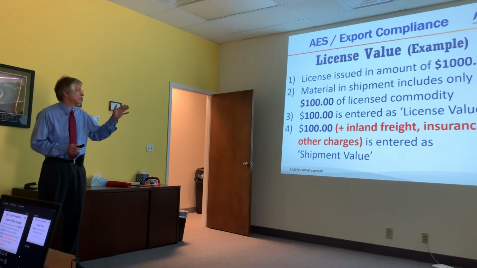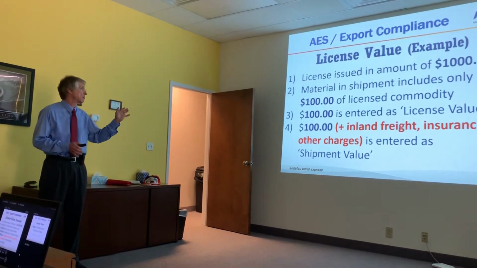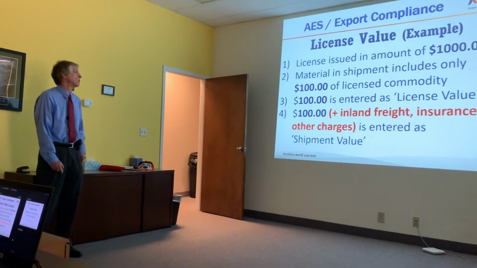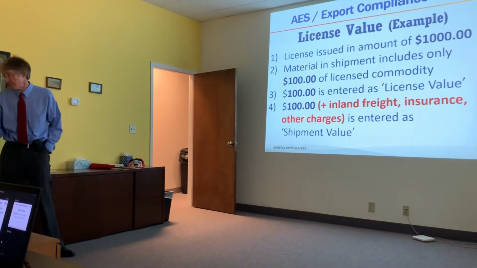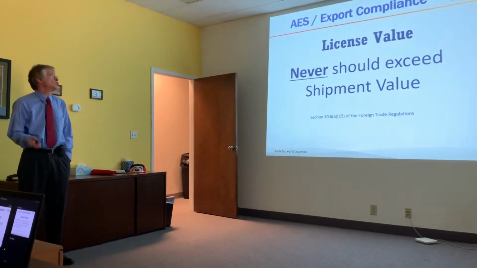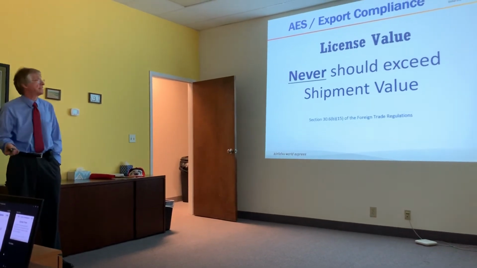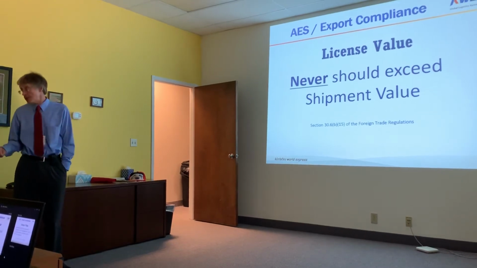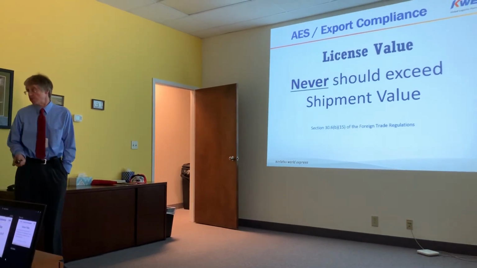And then $100 plus inland freight, insurance, or any other charges needed to bring the shipment to the port of export is entered as the shipment value. License value should never exceed the shipment value. And if it does, then you know it's wrong.